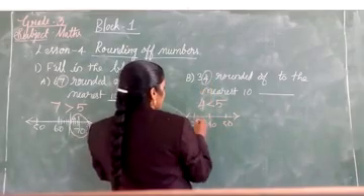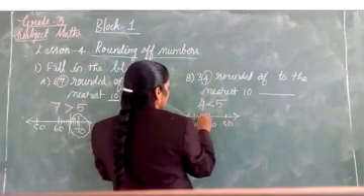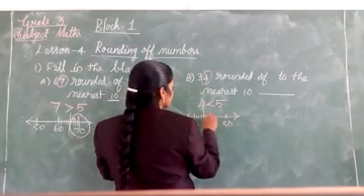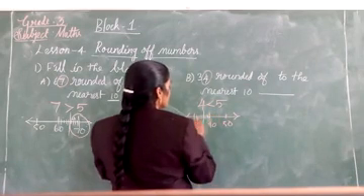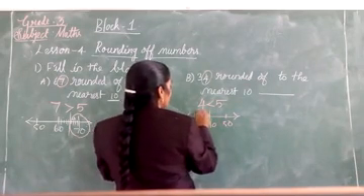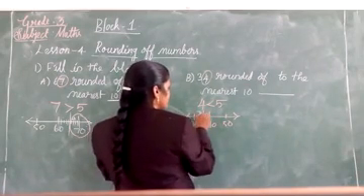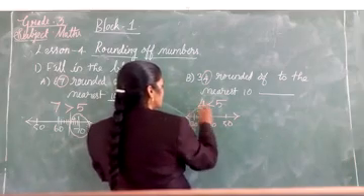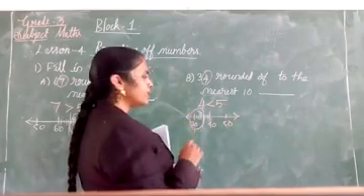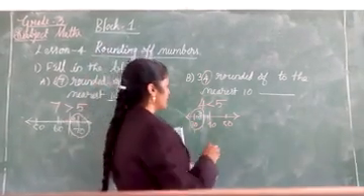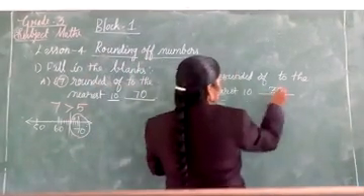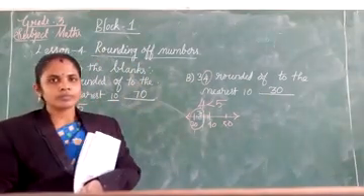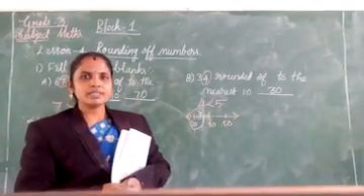So here we have 34, that is 31, 32, 33, 34, 35, 36, 37, 38, 39, 40. So we have 34 here. This 4 is less than 5, so we should round down to the nearest 10, that is 30. Therefore answer is 30.